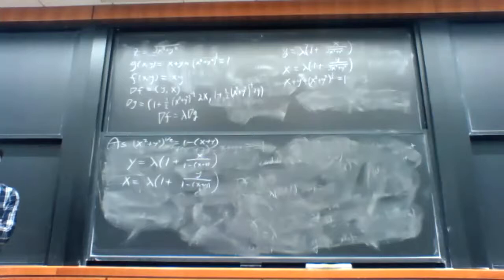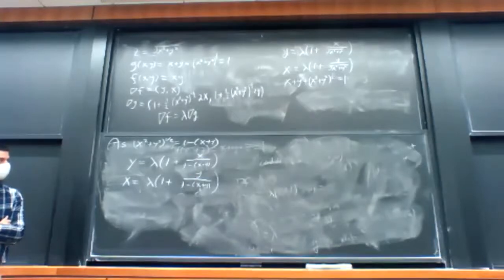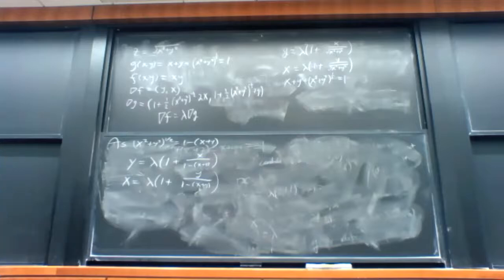We have too many variables here. Is there a variable that we can get rid of? Okay, so how do we substitute for lambda?